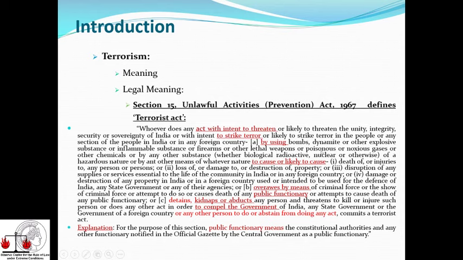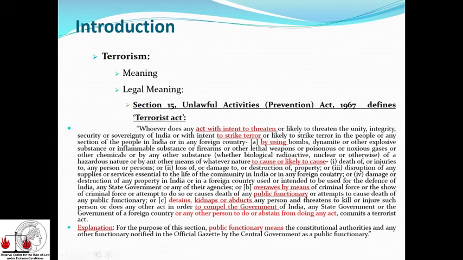And why will they use it? To cause or likely to cause. Means there are two things. First is to cause, which means direct physical response, and likely to cause, which means apprehension of likelihood, that they will cause such and such kind of activity. Or they overawe by means.